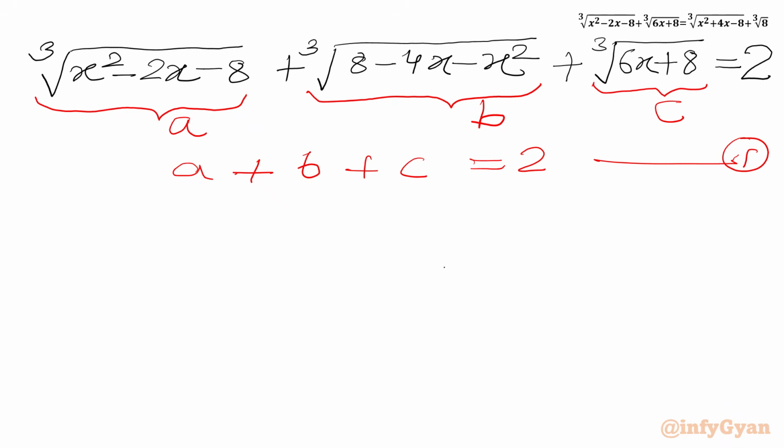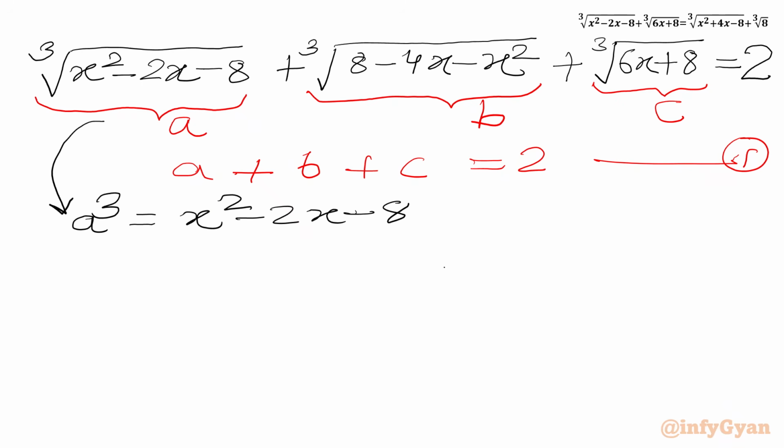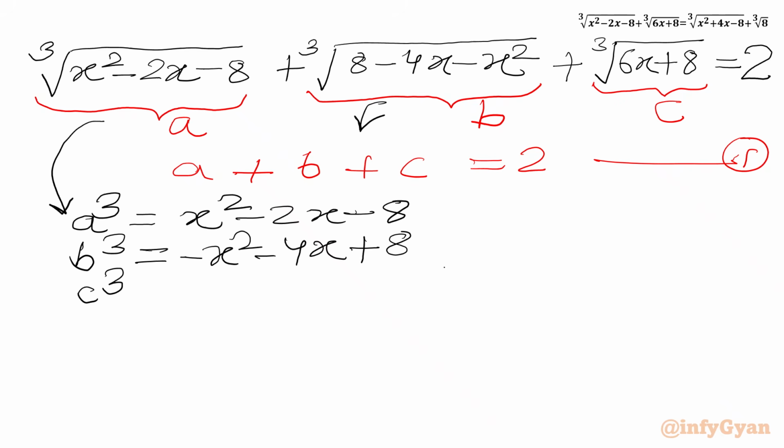Now from our substitution equation, I can consider cubing both sides and write a cube, which will be equal to x square minus 2x minus 8. Similarly, from the b substitution, I will cube both sides and write b cube, which will be equal to minus x square minus 4x plus 8. And if I cube c, then we will get c cube, which is equal to 6x plus 8.